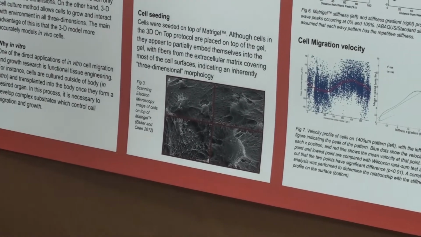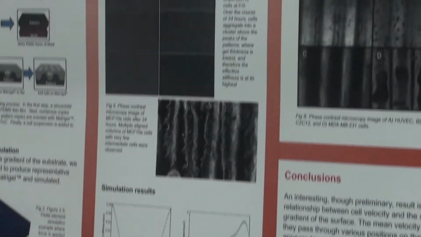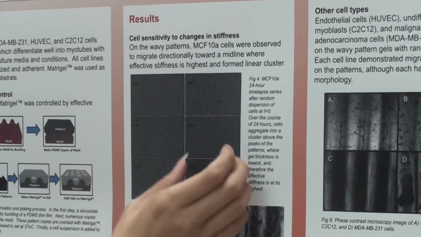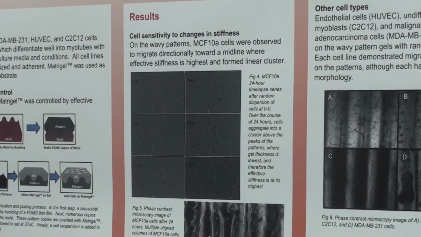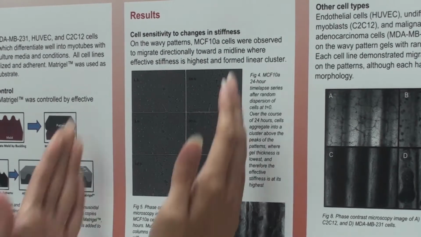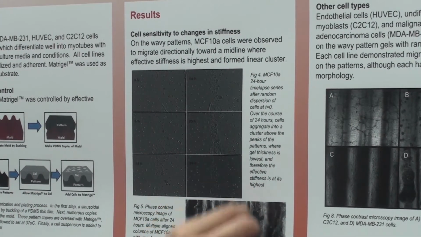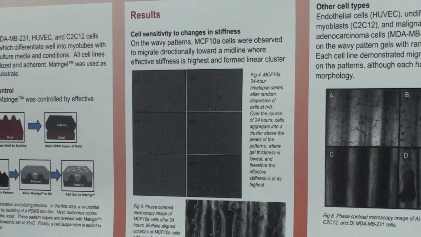In the results, when cells were distributed randomly, they moved toward the highest stiffness point of this Matrigel, so that after 24 hours they made a cluster alongside the highest stiffness points.